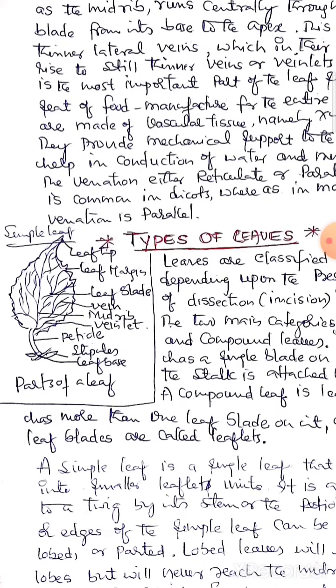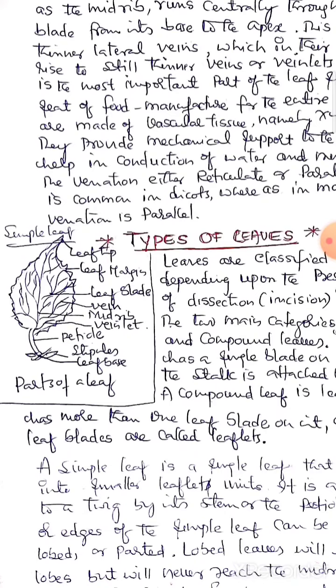A simple leaf is a single leaf that is never divided into smaller leaflet units. It is always attached to the twig by its stem or petiole. The margins or edges of the simple leaf can be smooth, jagged, lobed, or parted.